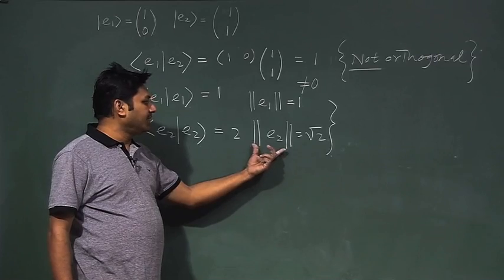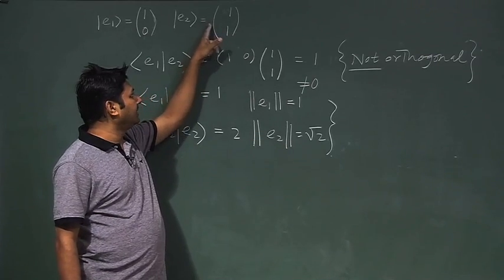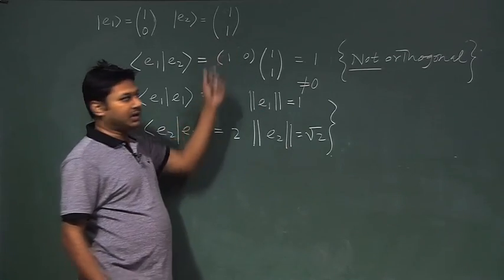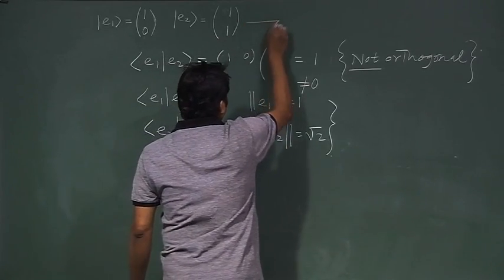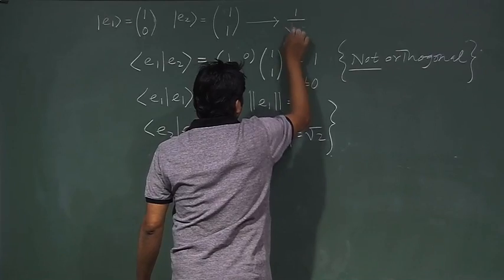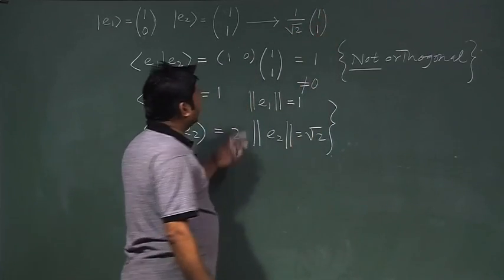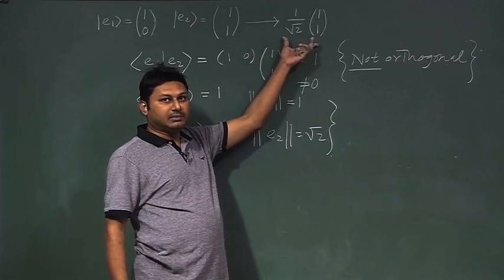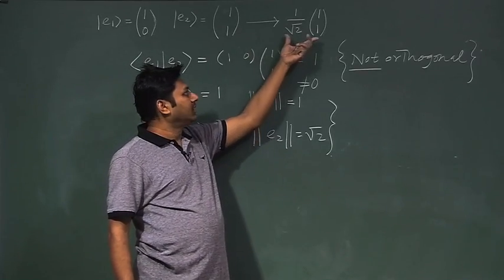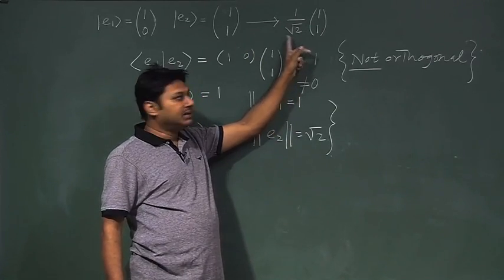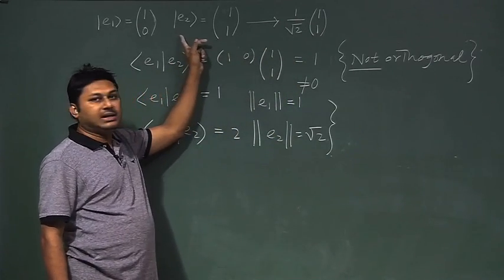In order to normalize, normally what we do is multiply the vector by 1 over its norm. Then it becomes normalized. So if I want to make this vector normalized, I take a new vector which is the multiplication of this vector with 1 by root 2, its norm value, and then this vector is normalized.